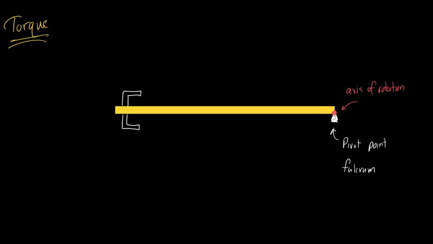As I'm labeling these, I'll remind you that we have the right-hand rule in discussing the direction of rotation, and it involves the axis of rotation. So understanding where your pivot point is and your fulcrum is, and understanding the way in which your system can rotate, that establishes how the right-hand rule is going to work.